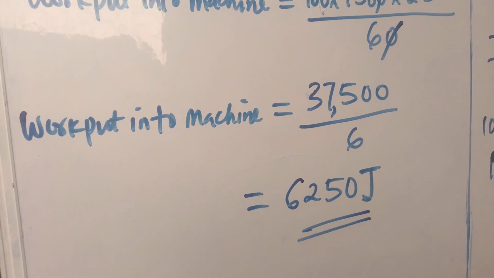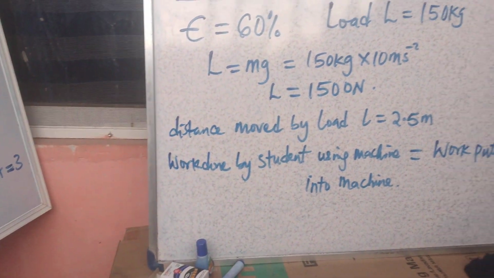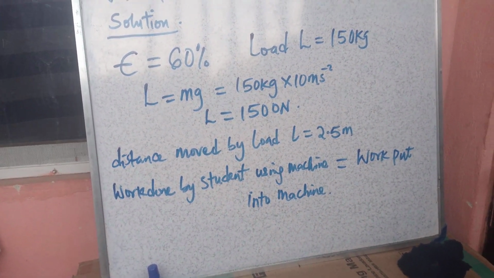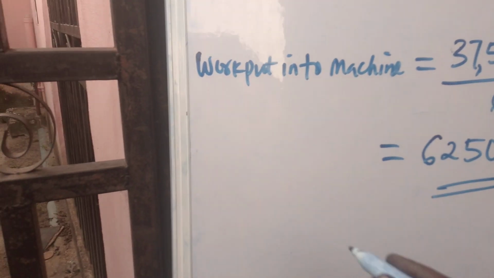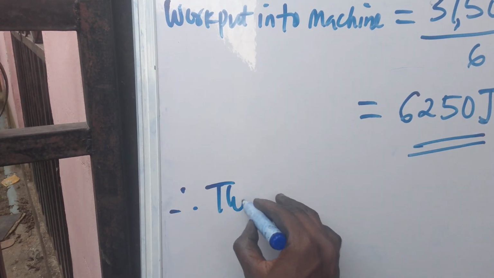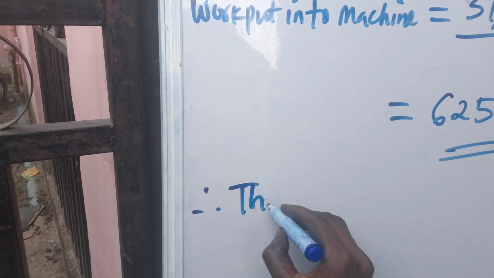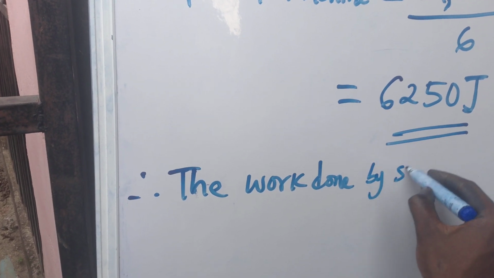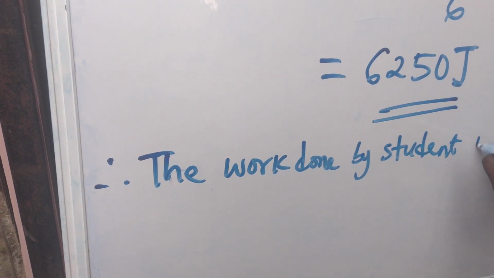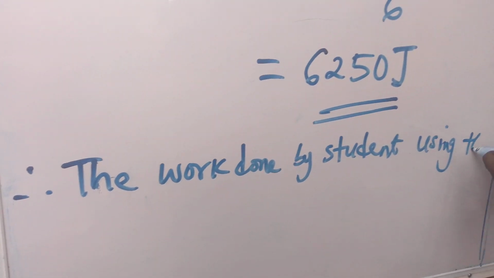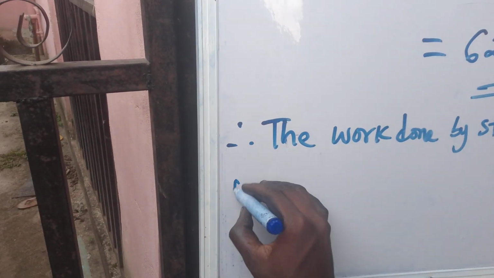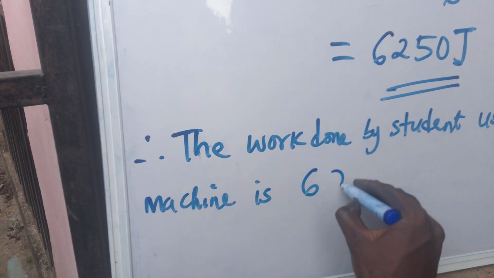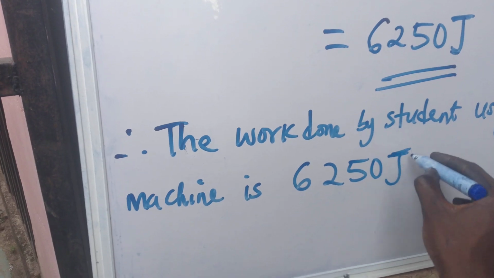Now, if you recall vividly, we are told to find the work done by the student using this machine, and I say the work done by the student using the machine is equal to the work put into the machine, right? So therefore, the work done by students using the machine is 6250 joules.